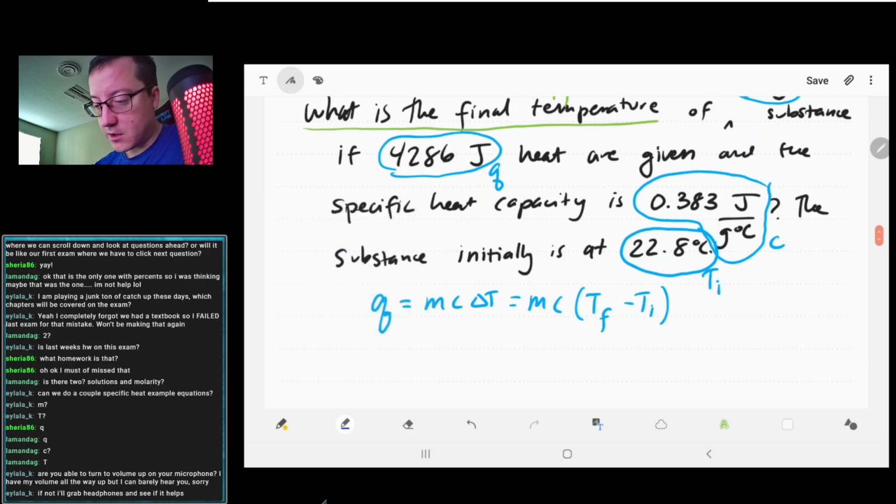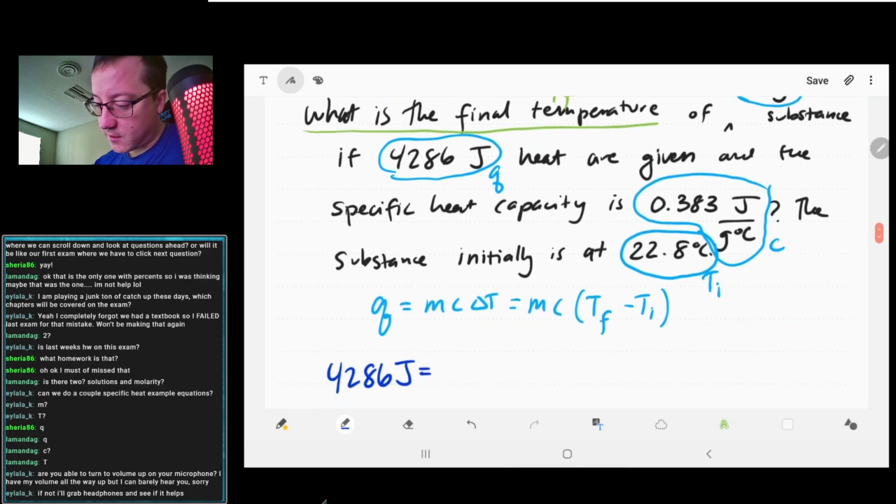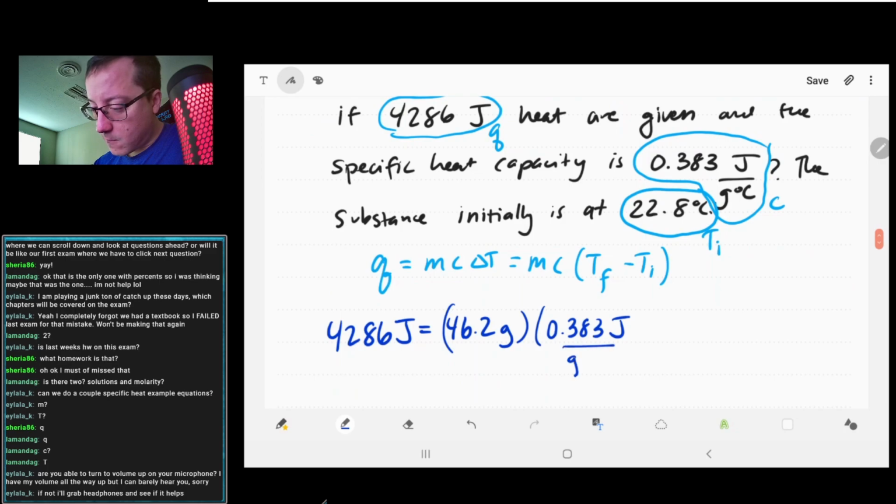We could do it whichever way. What was the mass? 46.2. C was 0.383 joules per gram degrees Celsius.